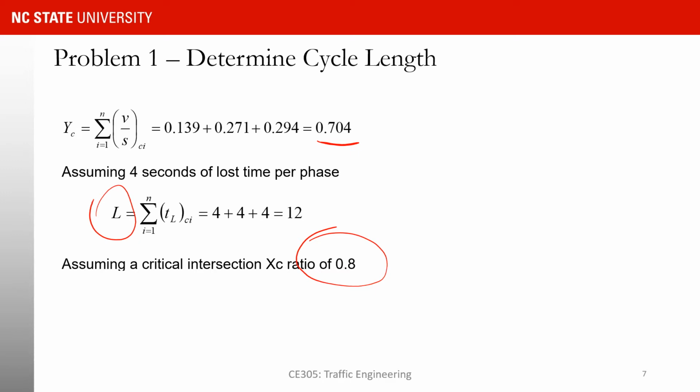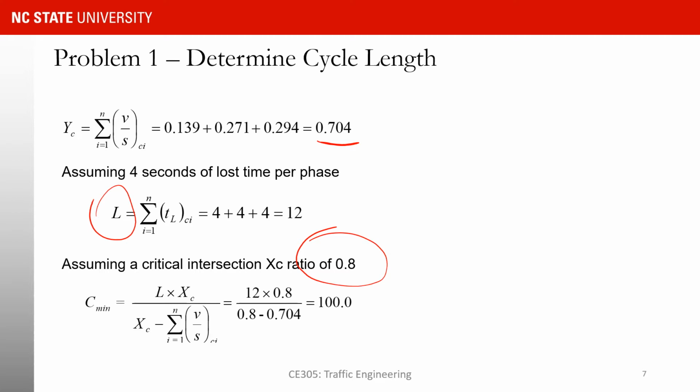Whenever it is not given to you, you assume that it's 4 seconds per phase. So with all that information, now we can find the minimum cycle length. The equation is L times x sub c divided by x sub c minus the summation of v over s ratios. Everything is given to us. So the minimum cycle length in this problem is 100 seconds.